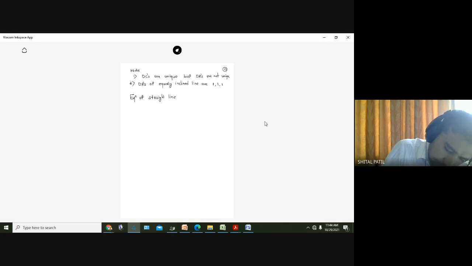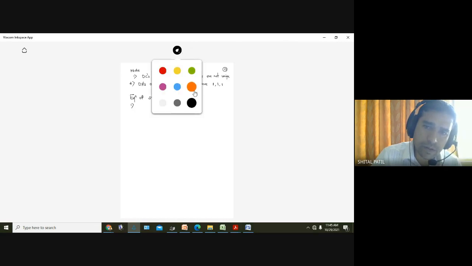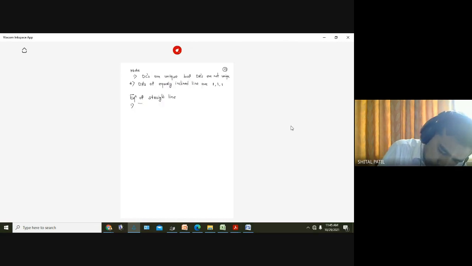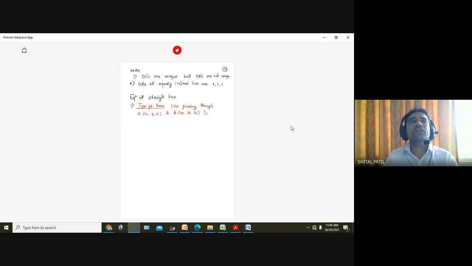Right, equation of straight line. Line passing through x1, y1, z1 and x2, y2, z2.